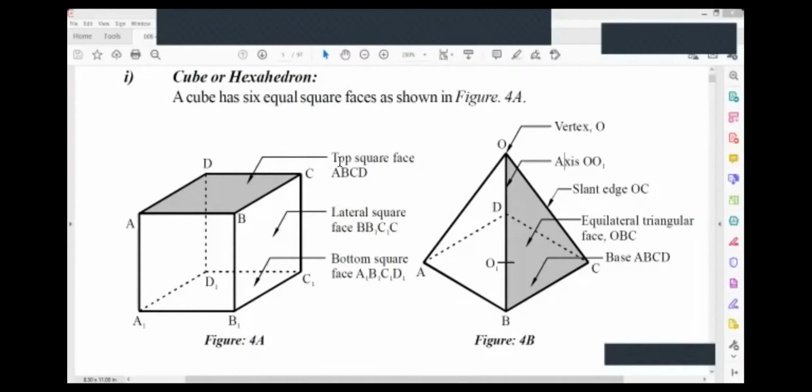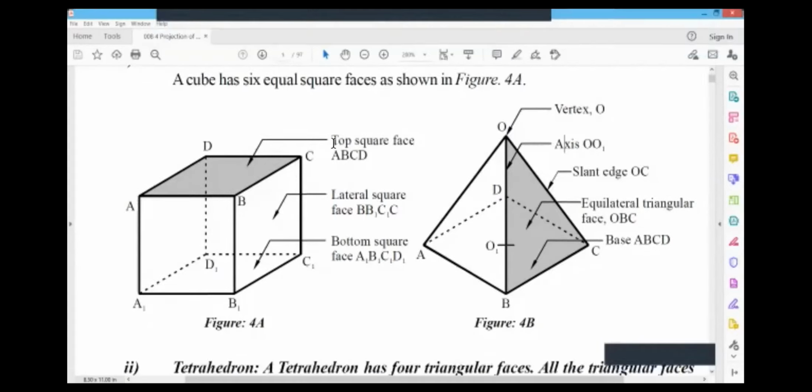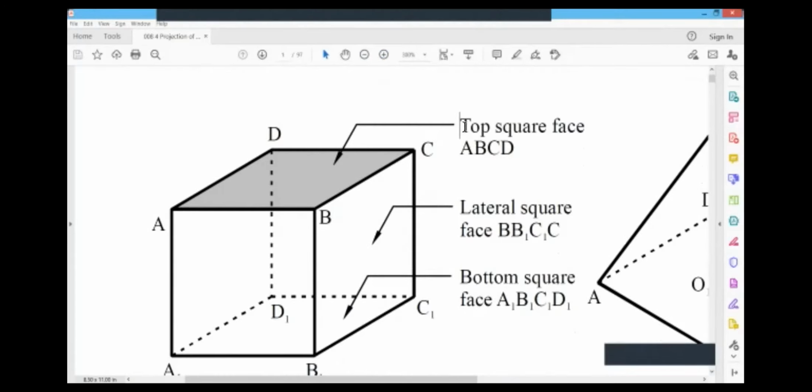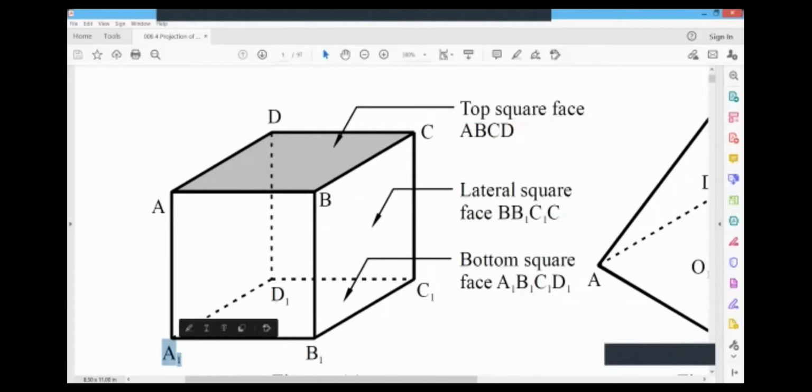As you are seeing, for a cube, this is the top surface. I give the names capital A, B, C, D for the square surface, and similarly, below where A is, I am naming it A1, which is associated with the corner on the bottom square, that is the base square.